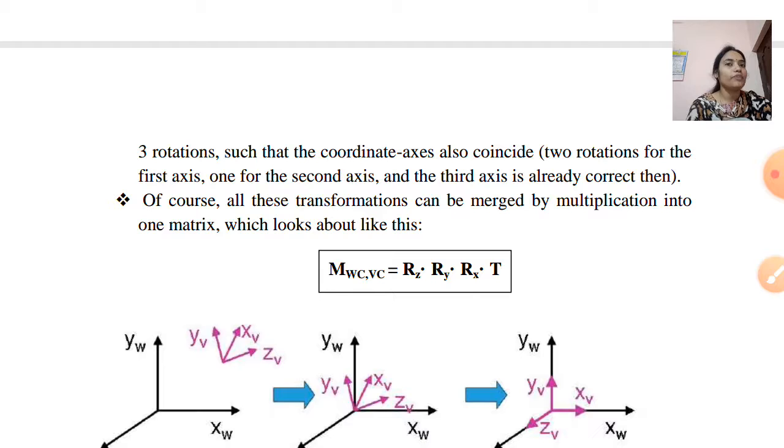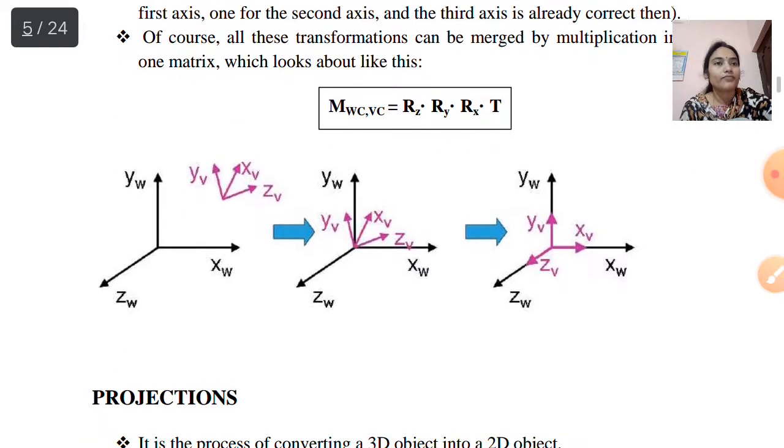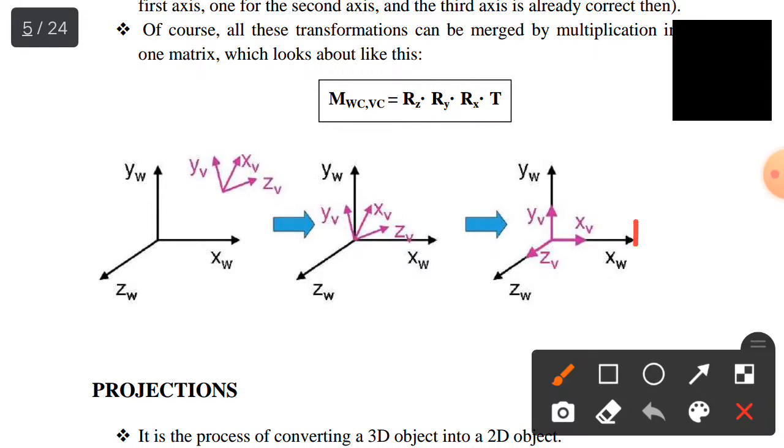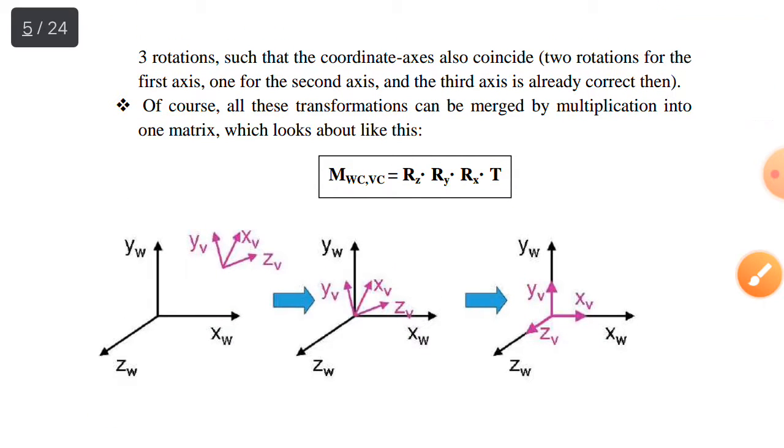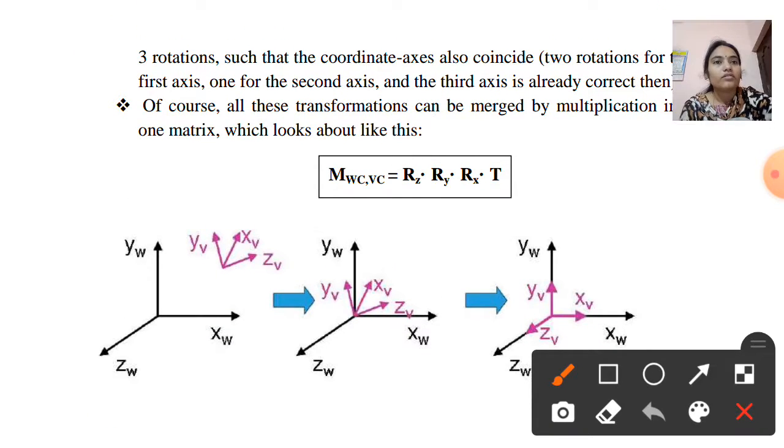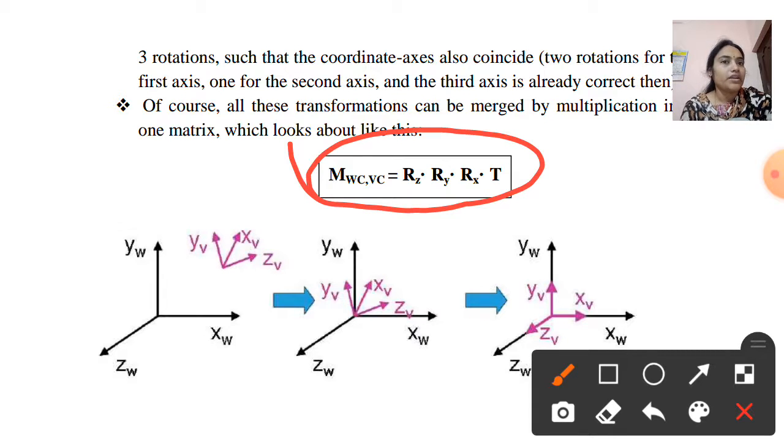Okay, of course all these transformations can be merged by multiplication into one matrix which looks about like this. That means this is our final matrix which covers all the transformation methods.